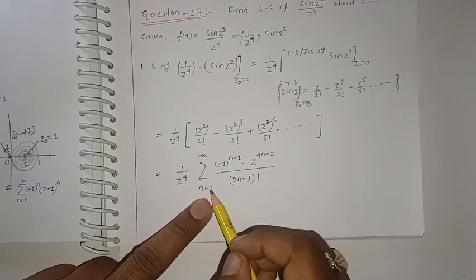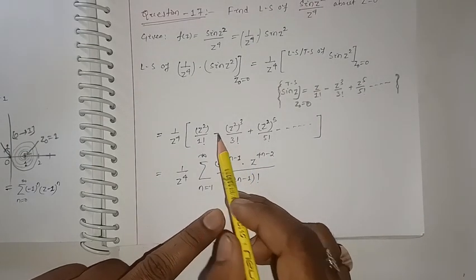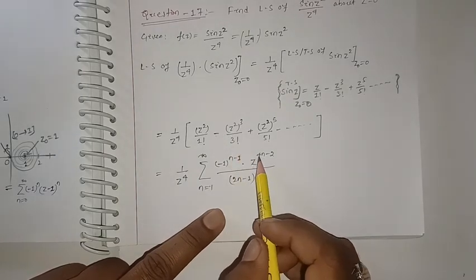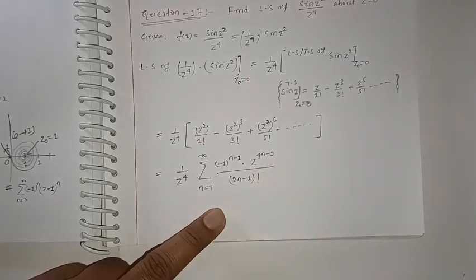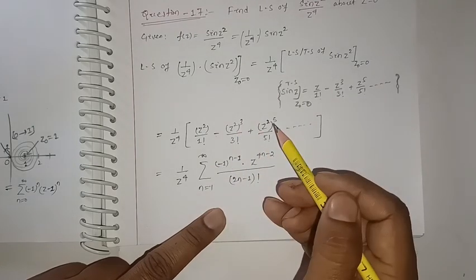Now n equal to 2: 2 minus 1 is 1, so minus 1 to the 1 means minus; 2 into 2, 4 minus 1, 3 factorial; then 2 into 4, 8, 8 minus 2 is 6, so z to the 6, which can be written as z square to the power 3.